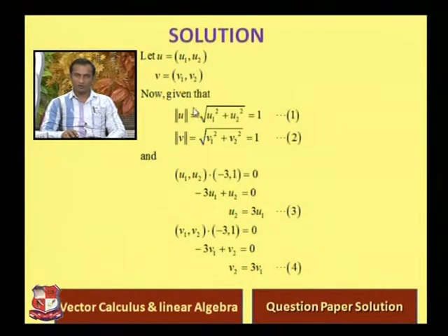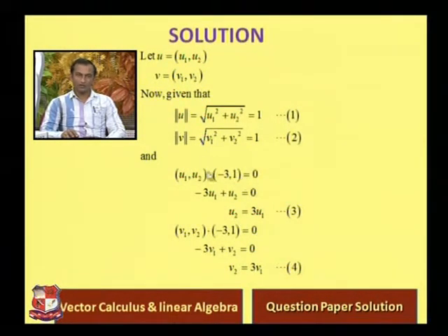This is the definition of norm, and it is given as 1. Similarly norm v equals the square root of v1 square plus v2 square, also given as 1. And second, the inner product is given as 0.